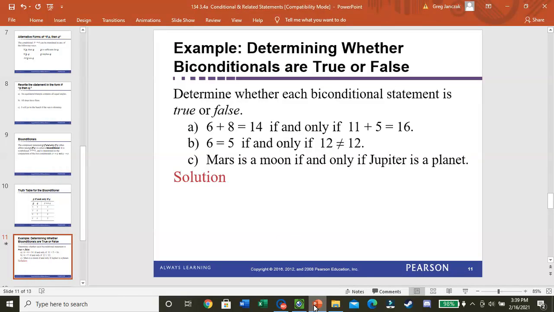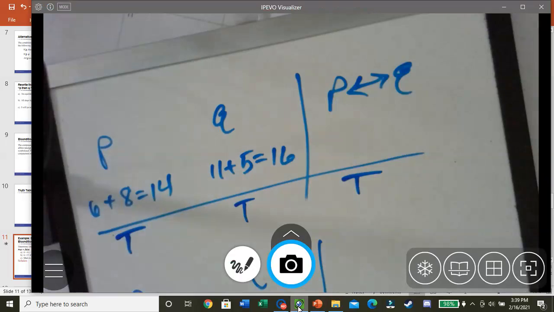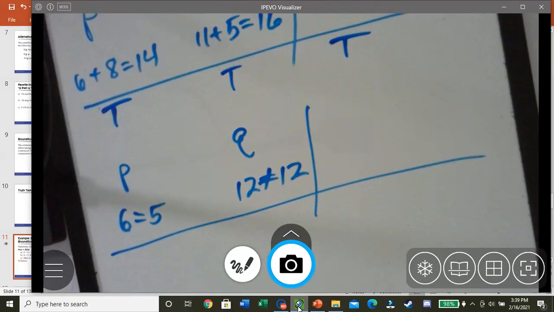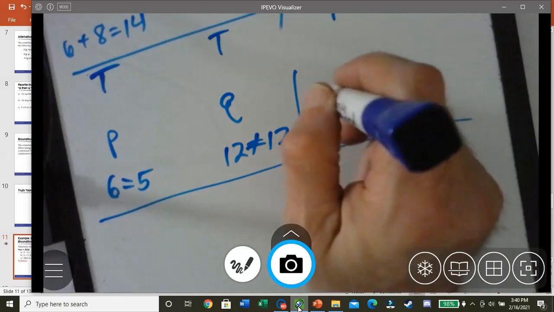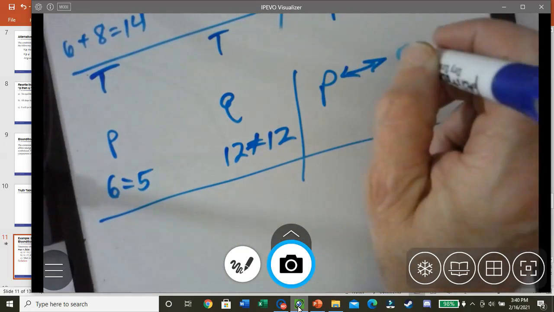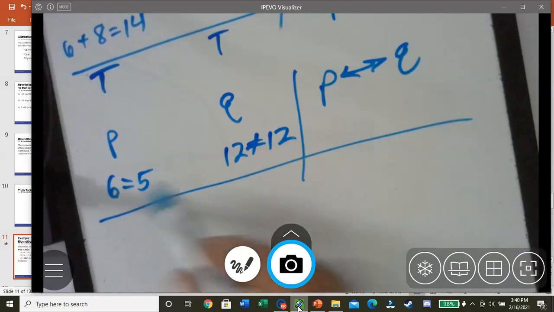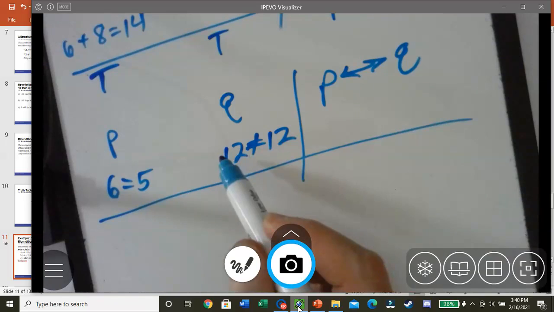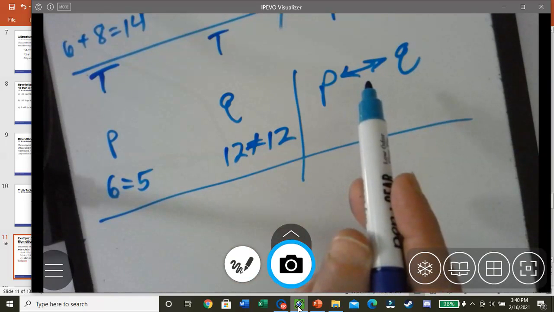So the next one, P and Q: 6 equals 5 if and only if 12 does not equal 12. So here's our board again. This is P, biconditional statement Q. Remember, both of these either have to be true or both have to be false in order for the biconditional statement to be true.